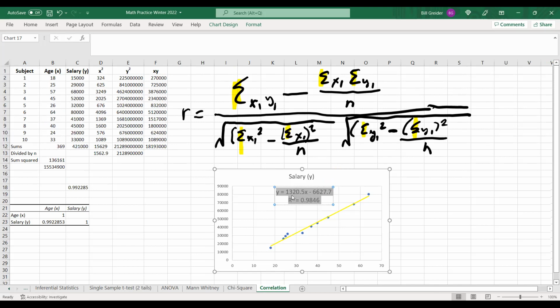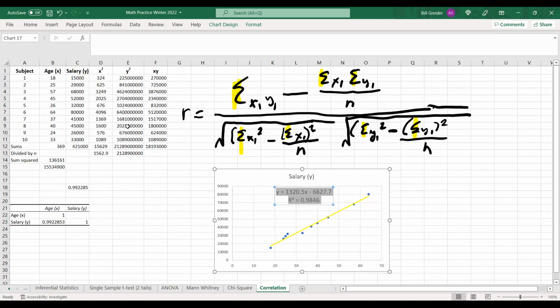If I take this number 1320.5 and multiply it by that X, that's the formula to get the next Y. Like if I said, hey, look, my X is now 30 years old. So I'd take the age 30, multiply it times 1320 minus 6,627, and I would get a salary that I could expect based on this set of data. So it's a way of predicting.